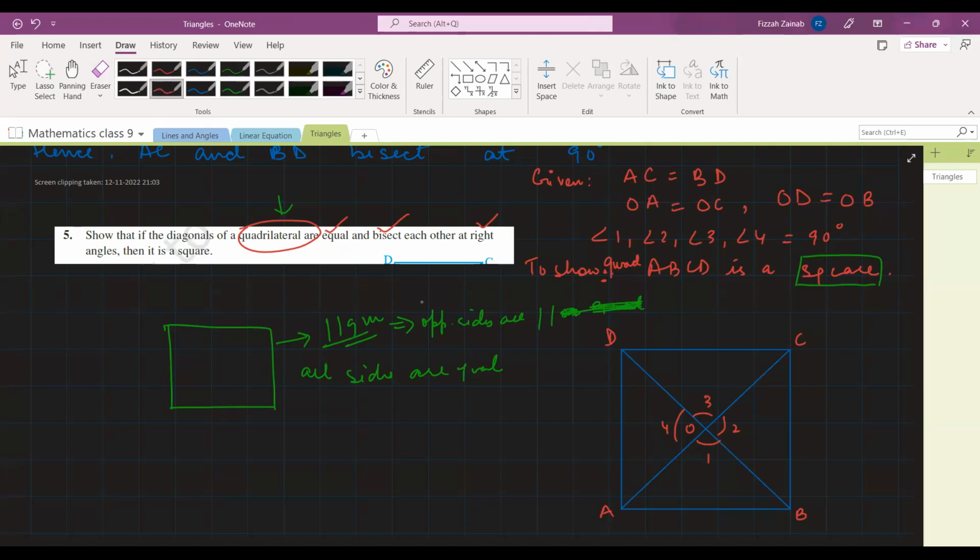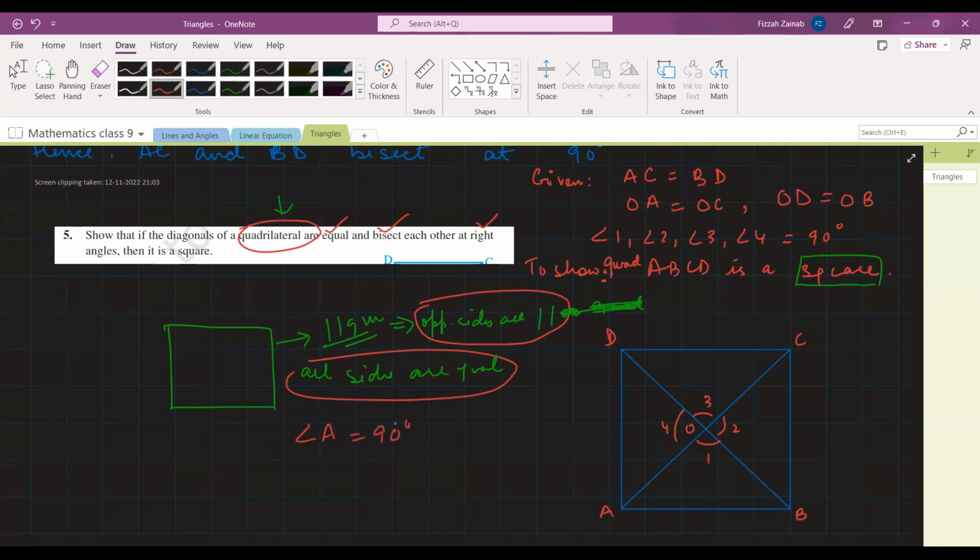Yes, ma'am. These opposite sides being parallel is satisfied by a square, a rectangle, and a rhombus too. So for a square, you have to show that all sides are equal. But all sides are equal in a rhombus also. So how to differentiate? We show that one of the angles is 90 degrees.